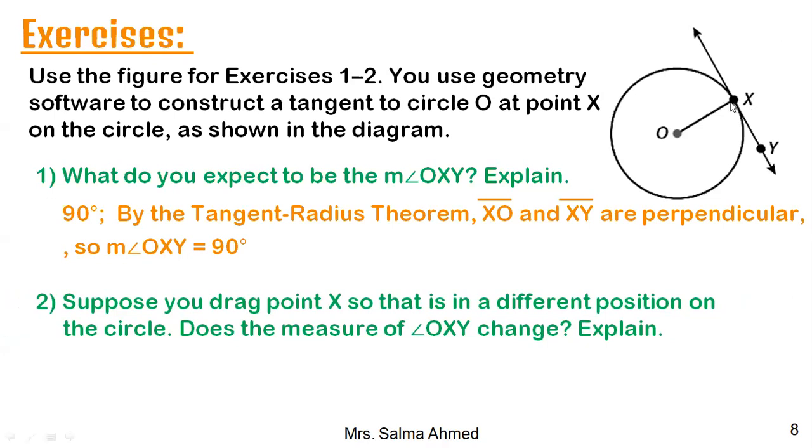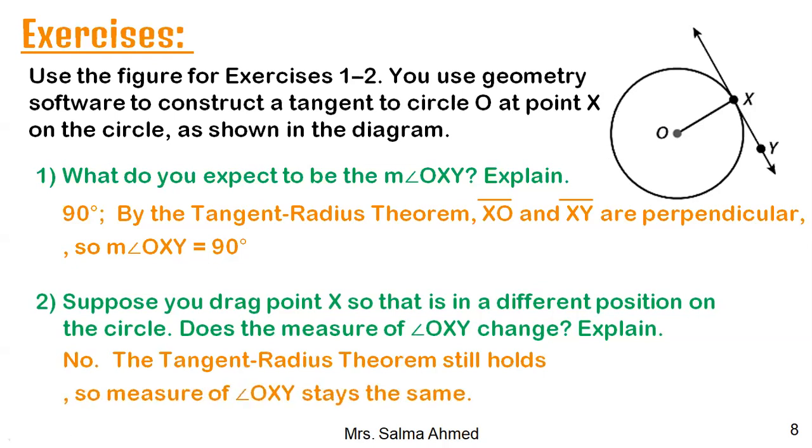So if I drag this X or move it to another position on the circle, I think that the angle will stay as it is, because if I connect the center with any position of X on the circle, it will be a radius, and the tangent will be at that point, so the relation stays as it is, which is 90 degrees. So no, the measure will not change. The tangent-radius theorem still holds, and measure of angle OXY stays the same.